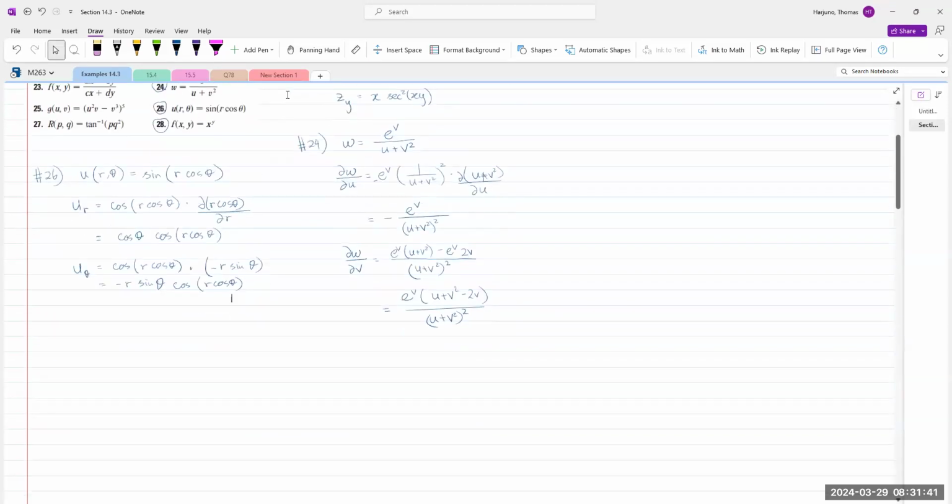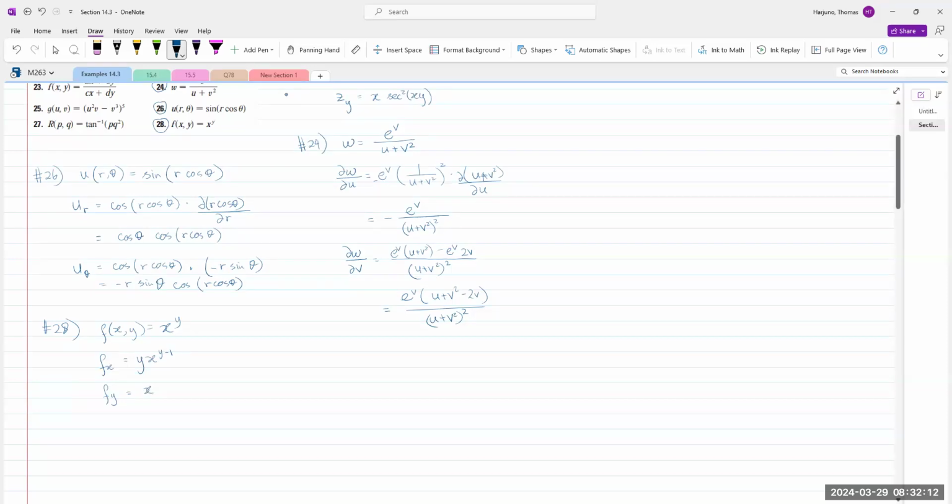Finally, number 28. That's a good question, by the way. f(x, y) equals x to the y. So when we do the partial with respect to x, the y is constant, right? That will be y x to the y minus 1. But when we do partial with respect to y, then x is the base.